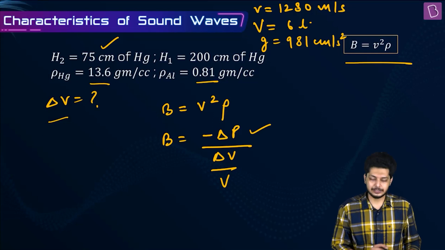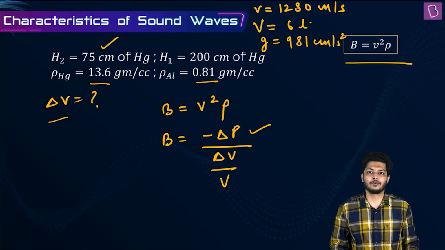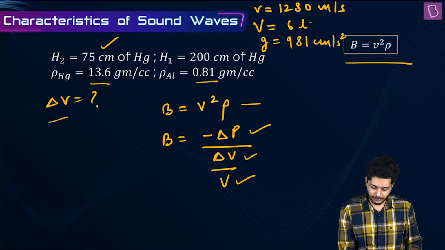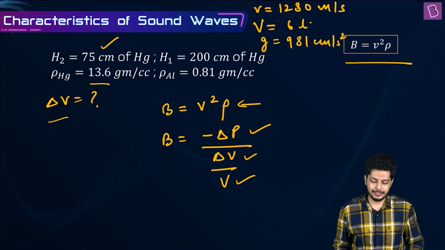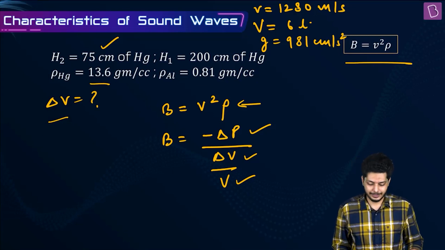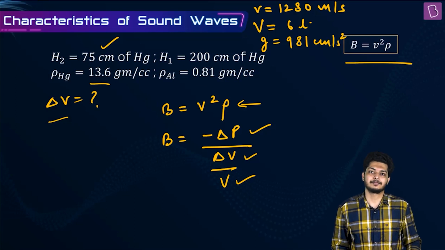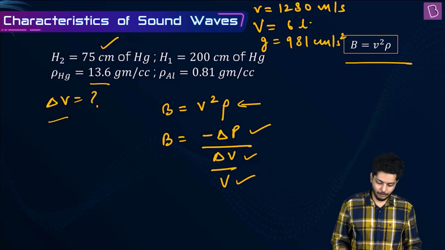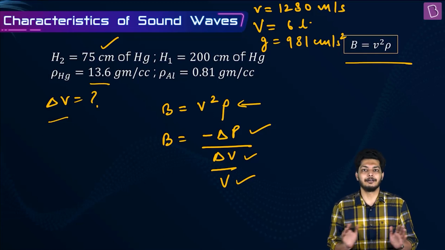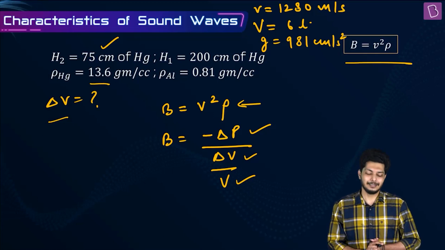In this formula, we have the change in pressure, which we can figure out from the question. Del V we have to find. The initial volume has been given. From the first formula, V is the speed, given as 1280 meters per second. Density is given too. So all the parameters other than del V, we have.